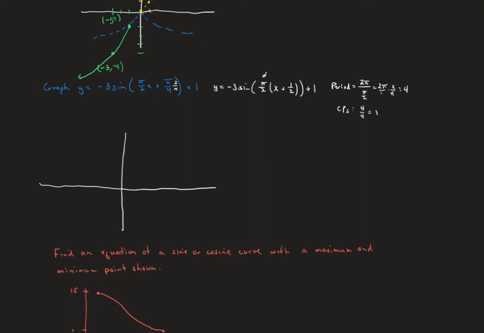Okay, I keep bumping this with my left hand. So our amplitude here, let me bring my pen back. Our amplitude is going to be the absolute value of -3, which is 3. Okay, so we're going to translate this vertically up 1. So that's going to be our midline here.